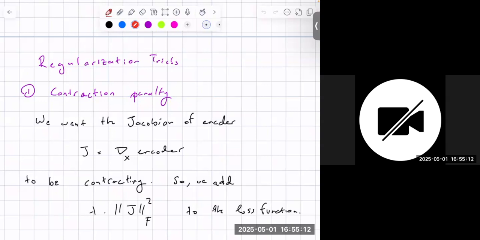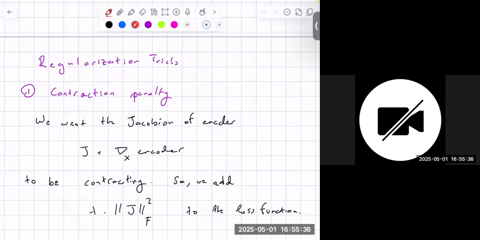Then what you do is put a penalty on the encoder part of your architecture. You don't want it to make things so much bigger. So you have some loss function in mind, and on top of it you add lambda times some matrix that represents how big the encoder is. Now the question is, what should that matrix be?